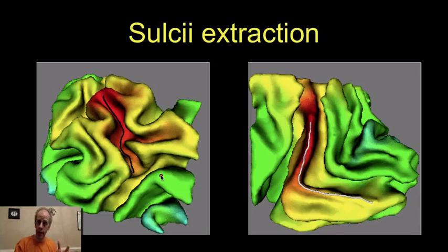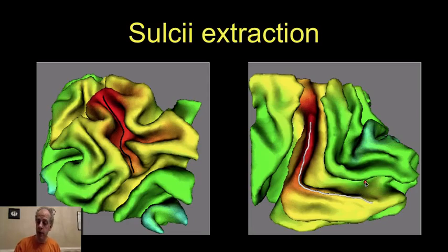So here is a challenge for image processing in 3 dimensions: how to automatically compute these sulci curves, not for a particular medical problem or medical application, but for a basic research, basic science, basic neuroscience question.